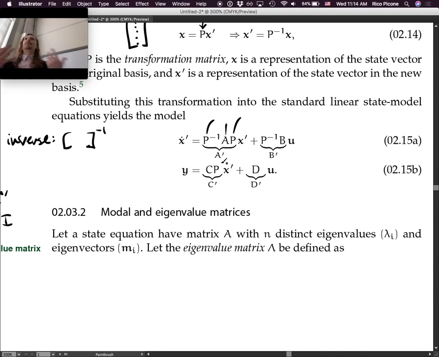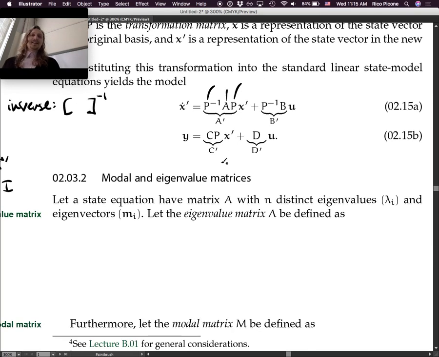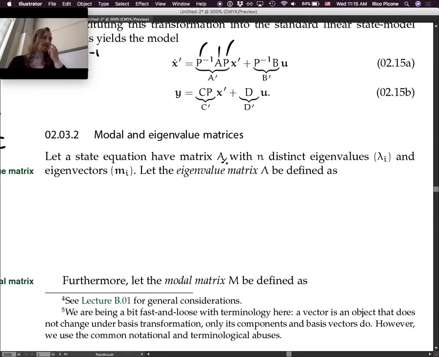Those are the types of things that I'm expecting you guys to be able to do. Not necessarily understand all the details of a derivation in linear algebra, although it would be nice. For those of you who have taken it, I expect you can follow that.